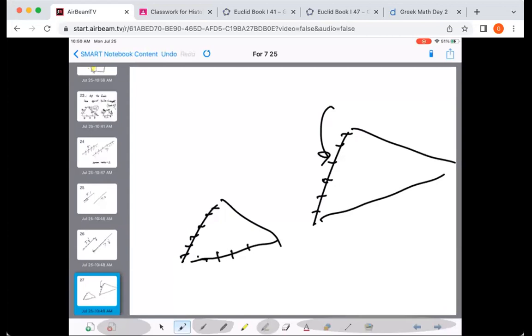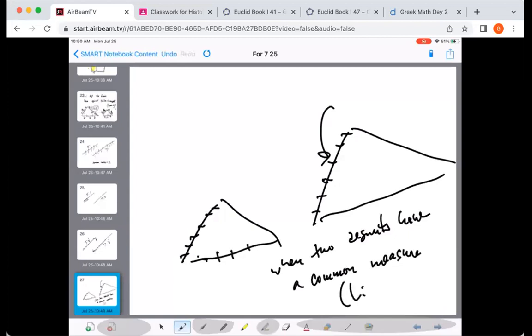It depended on when two segments have what's called a common measure. It's like the greatest common divisor. They are called commensurable. I'll write it down here.